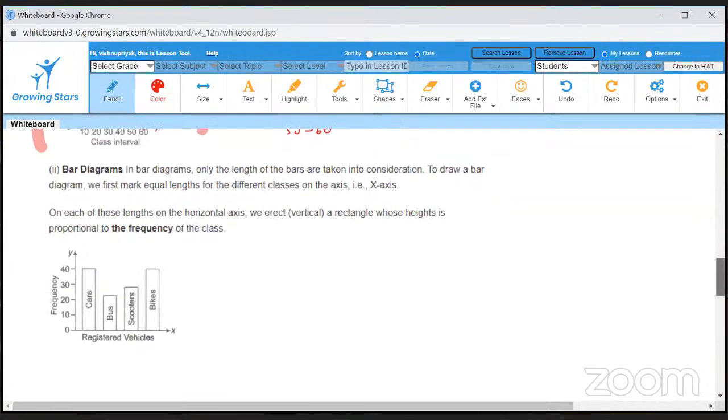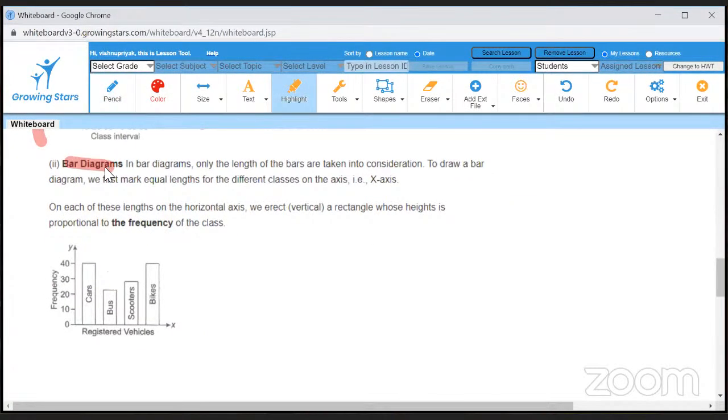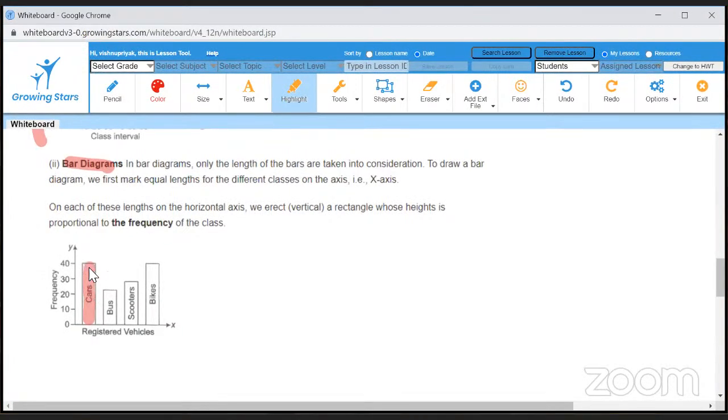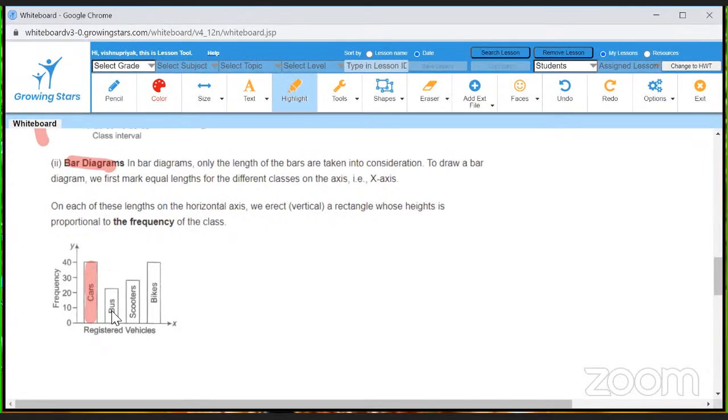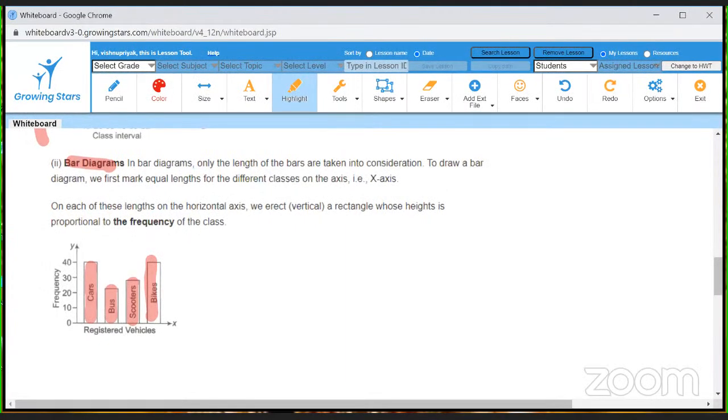The next is bar diagram. So in this, you will consider the length of the bar as frequency. But on the x-axis, you will not draw anything.